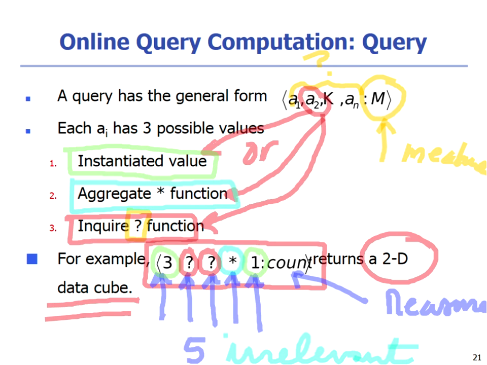Now, because we have two inquired, not two instantiated, two inquired. Instantiated means that for all the possible values, A1 will be 3. A1 is fixed by the user.